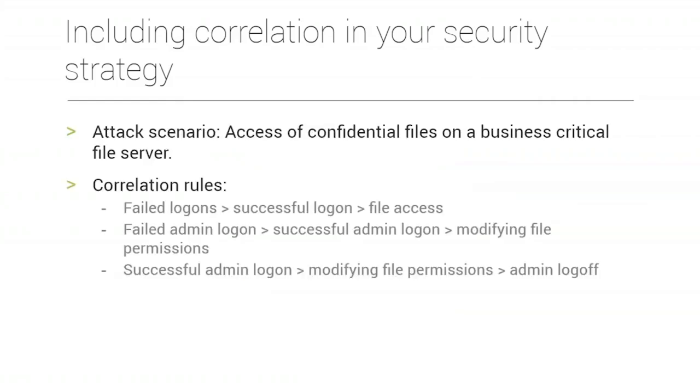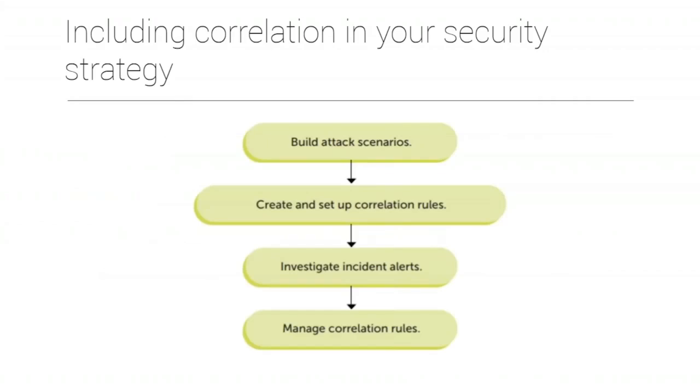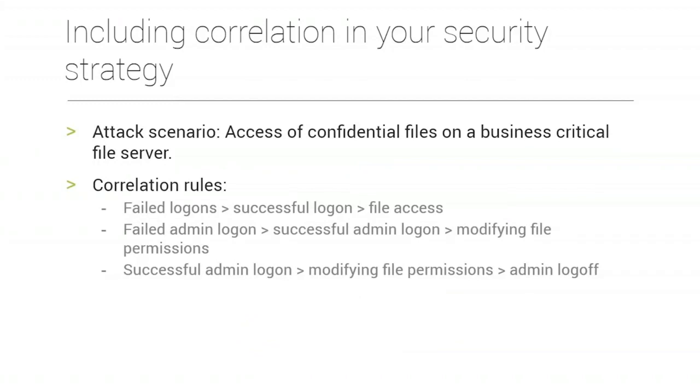So I told you I'd be giving you an example. So I'll just explain how you can think of various attack scenarios and build a correlation rule for it. So this would cover the first two stages of this process that I've shown you here. So let's take a simple case.